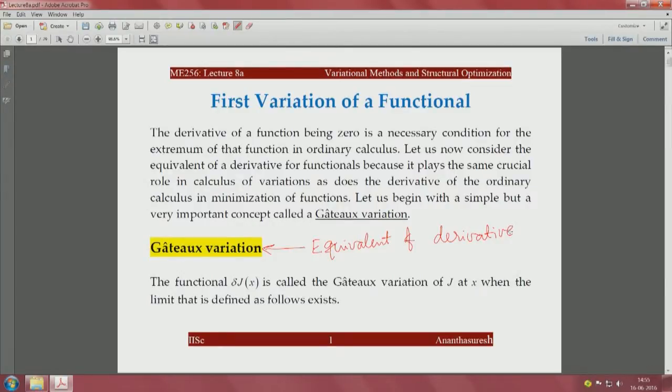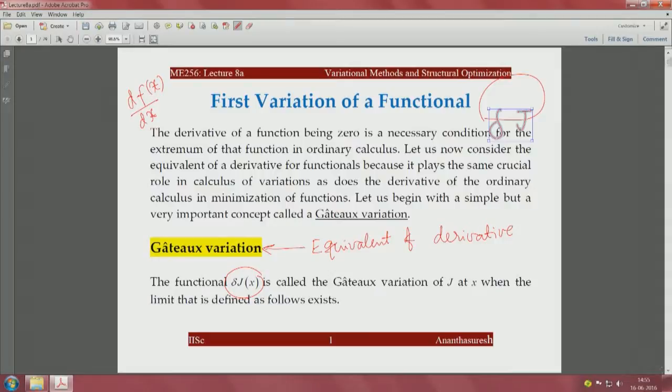So, what is this Gateaux variation? First of all, it is denoted like this. If j is a functional, we put delta there. That indicates that this is the variation of j. Just like we have a function f of x, and to write the derivative we say df by dx, in a similar way we write delta j. That is our Gateaux variation.